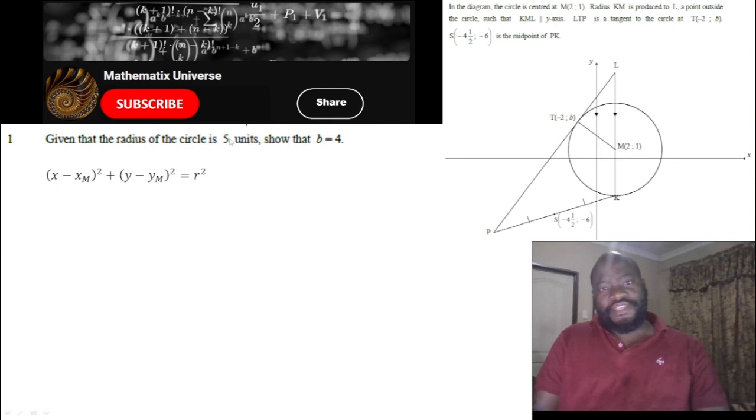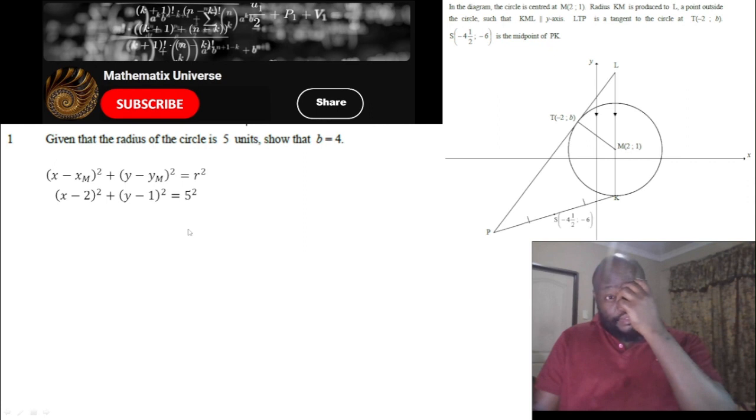They've given us what r is, so we'll be able to substitute r for 5. And the coordinates of M are there in the diagram, as you can see, 2 and 1. Then let's do that. So we end up with (x minus 2) all squared plus (y minus 1) all squared equals 5 squared.